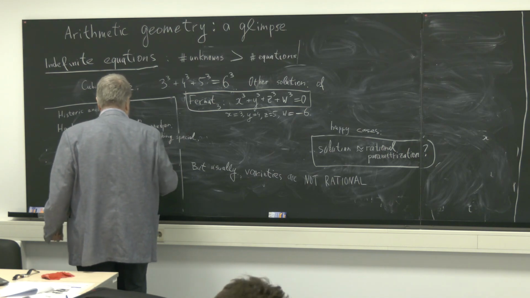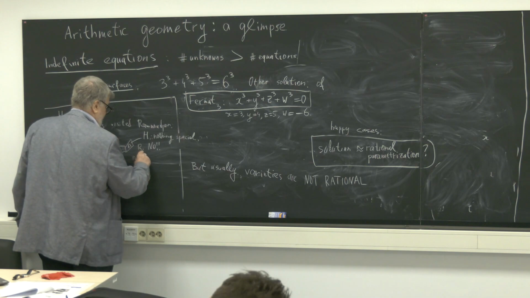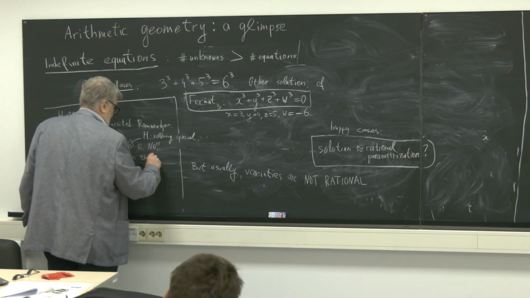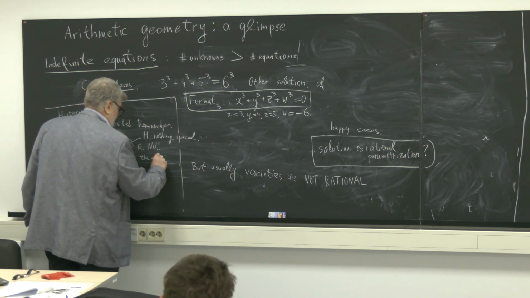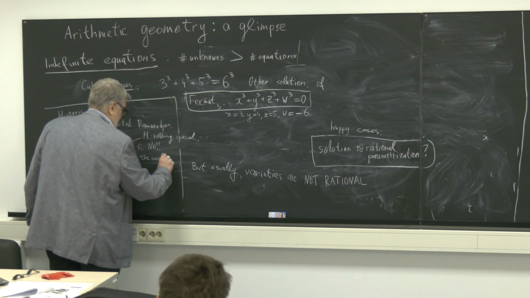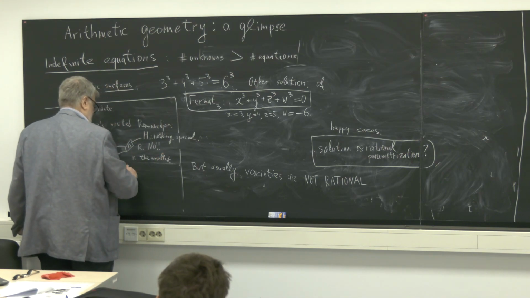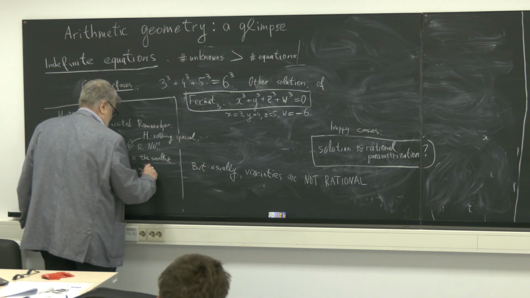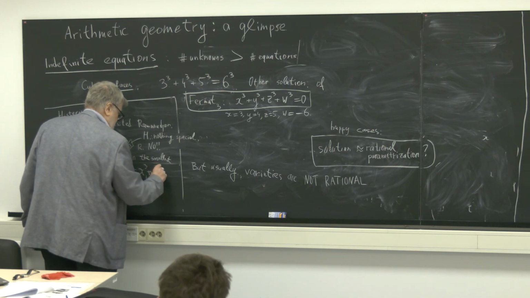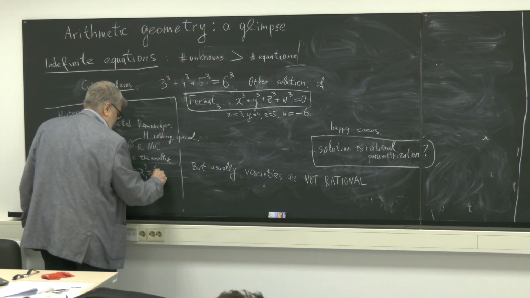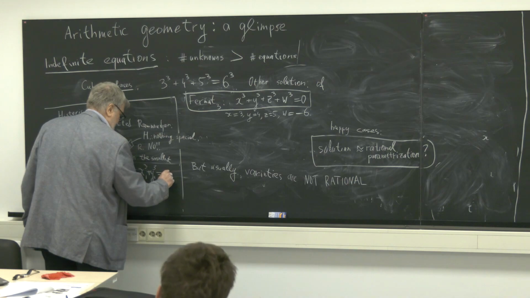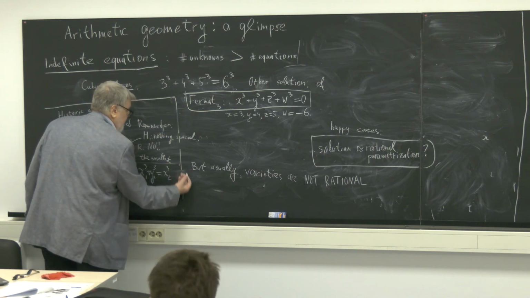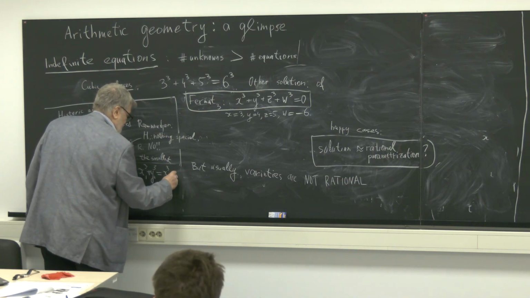N is the smallest natural number such that N is represented as a sum of two cubes in two different ways.